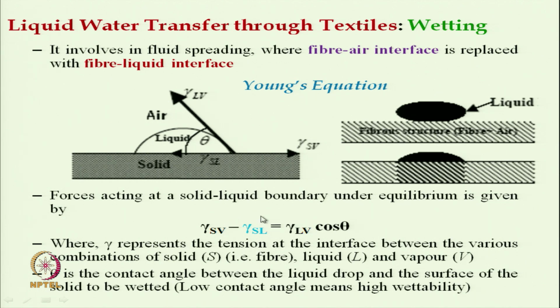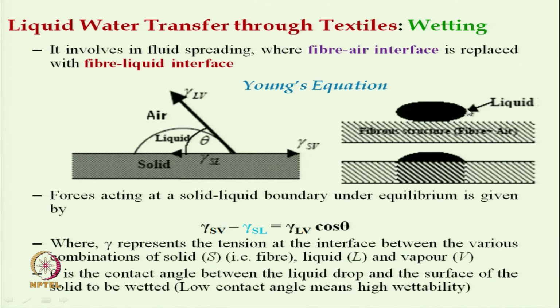Lower this value of gamma SL means this left hand side will be high, and to have a higher left hand side we must reduce theta for constant gamma LV. So, we should have lower surface tension and lower contact angle to have better wetting.